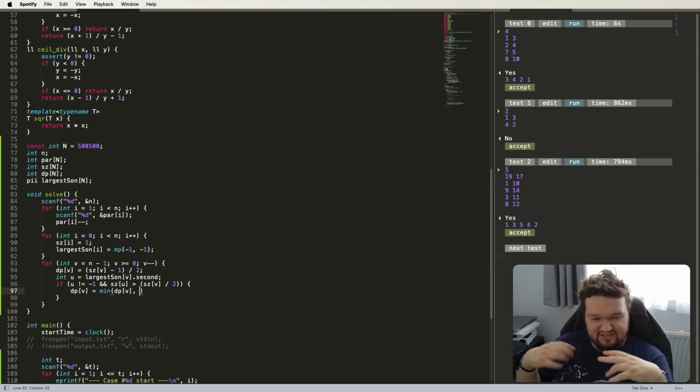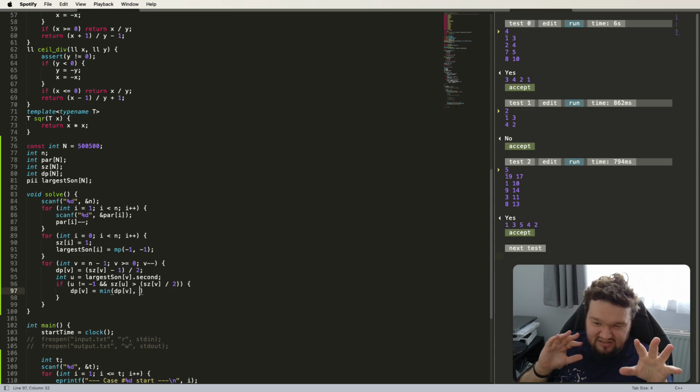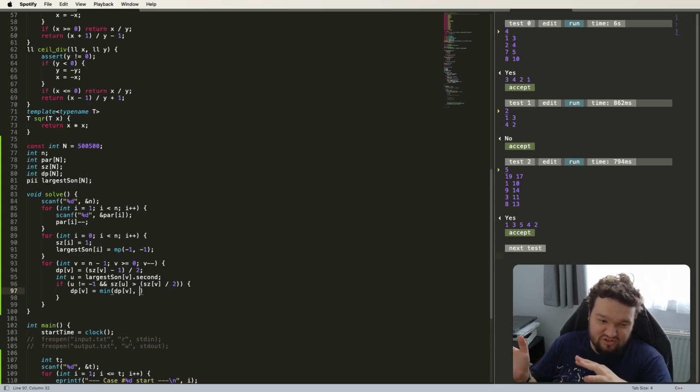so in that vertex I'm taking the maximum matching in the largest son, and also I'm adding the size of everything apart from that largest son.